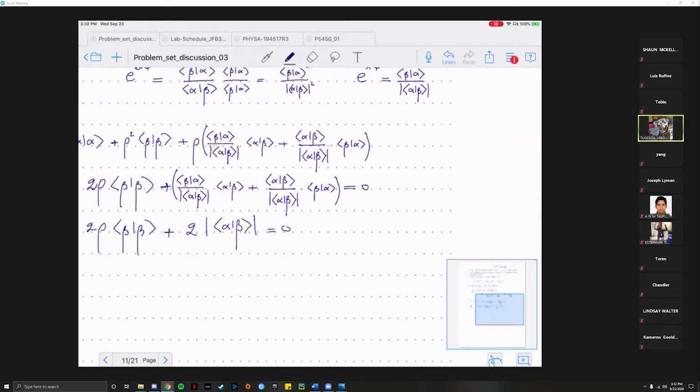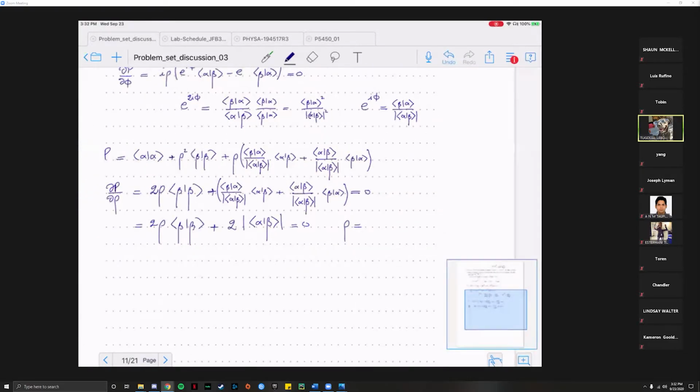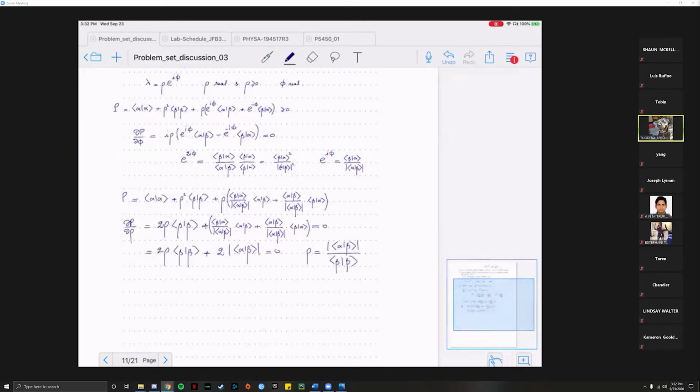So we end up with rho equals the magnitude of alpha beta divided by beta. So these are the values of rho and phi for which P is stationary at least.